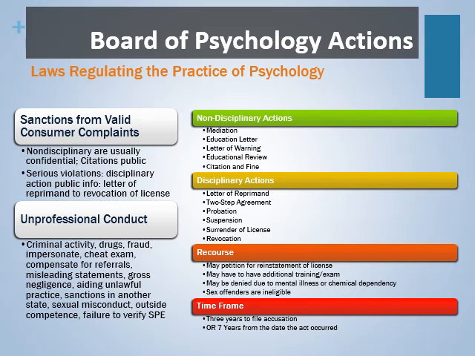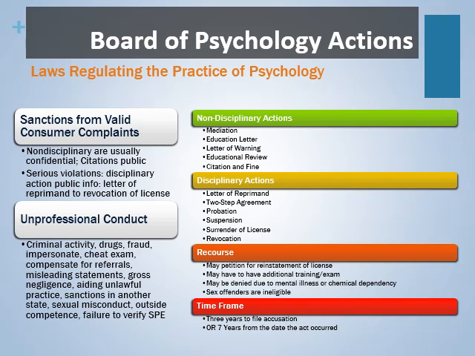Educational review. Educational review is voluntary. If the board has a serious concern about you as a licensee, or there was actually a significant violation but there's not sufficient grounds to forward the case to the Attorney General, then you can meet with the investigator, expert, or staff and discuss these issues of concern in a forum. Final non-disciplinary action, and this is the one that's public, is a citation and a fine.